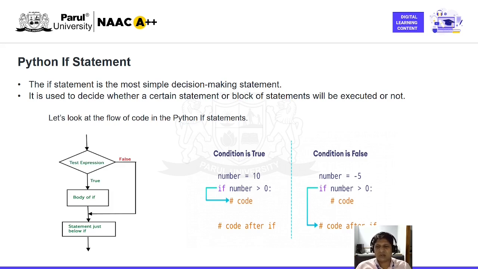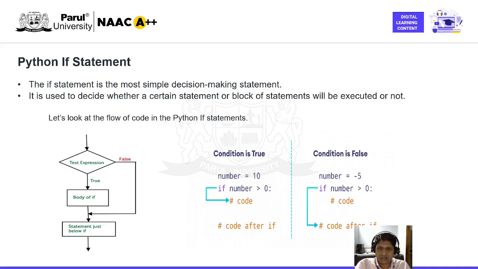Otherwise, an error message is generated: insufficient funds in your account. It means the condition is inside the machine, and when you execute the program, the condition is checked first. If the condition is true, then the block of statements is executed, and if the condition is false, then there is no execution of the block of statements.